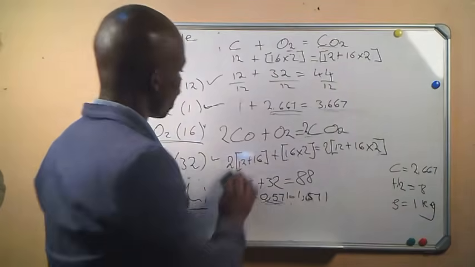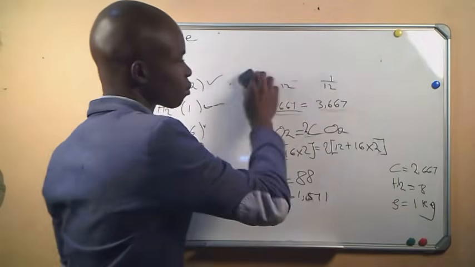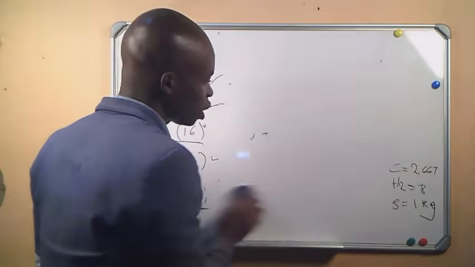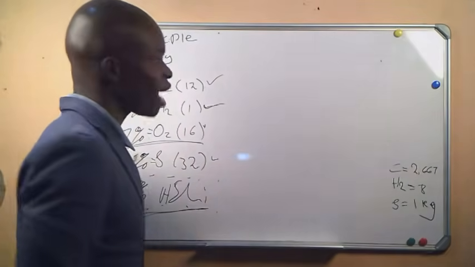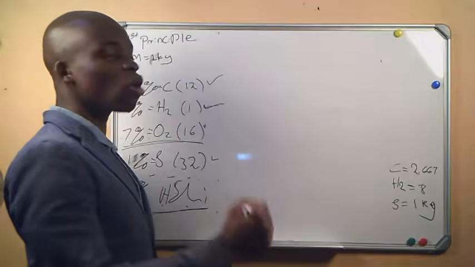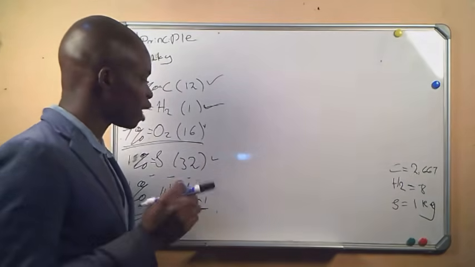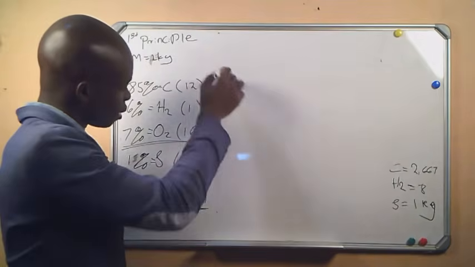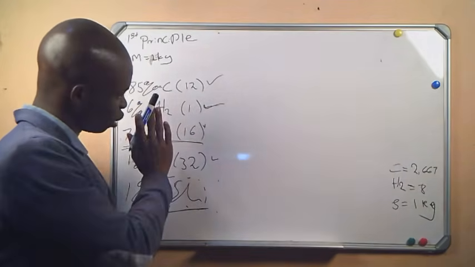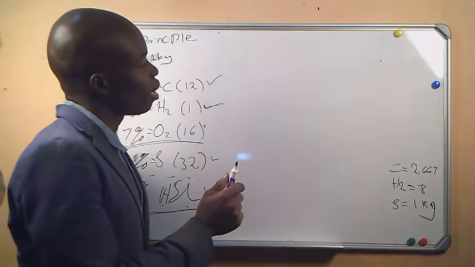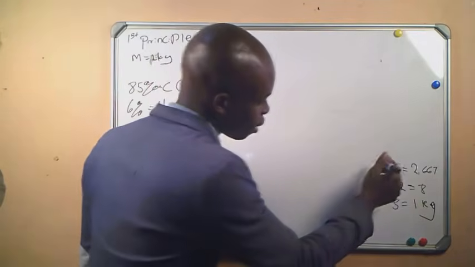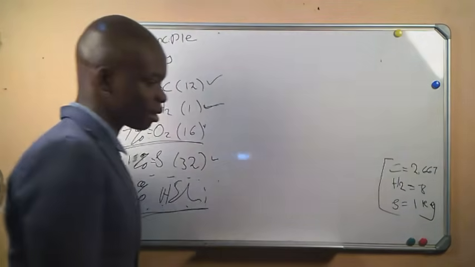So we are done with these things. Remember, the question that we are dealing with required us to calculate the total amount of oxygen that is needed to completely burn the fuel that we are dealing with, its ingredients being these ones. And then we have these amounts.